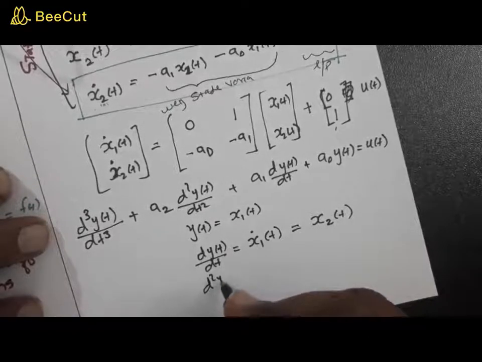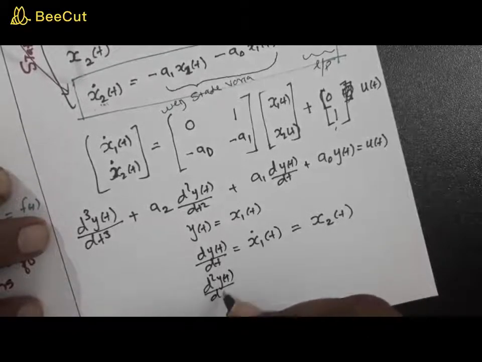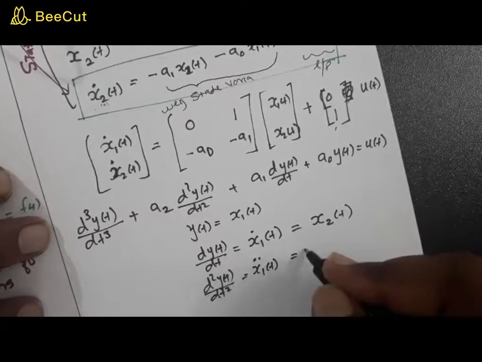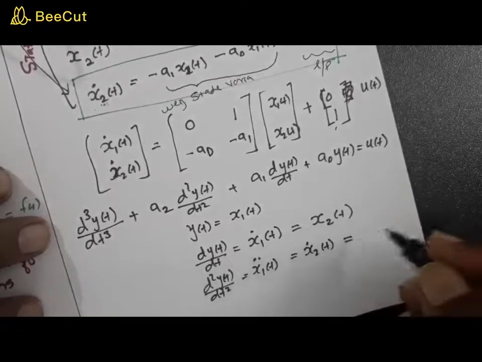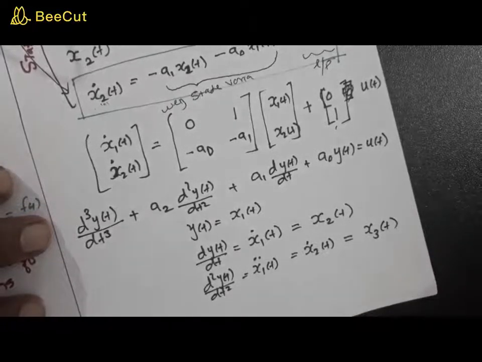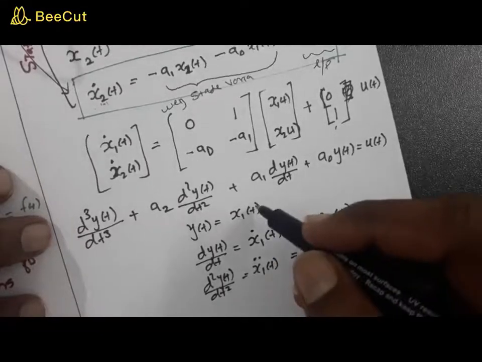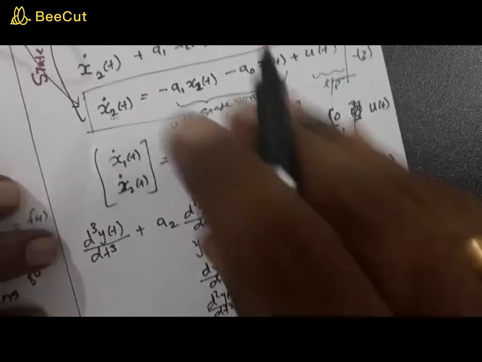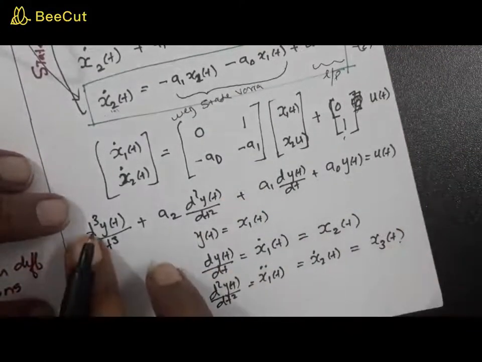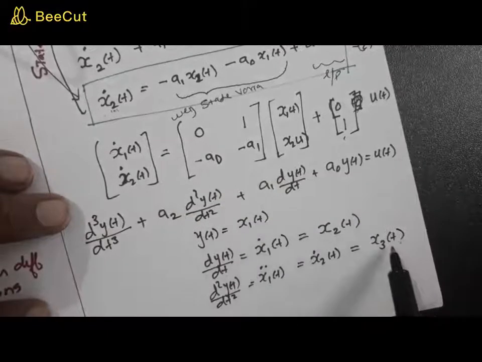And you can have d square y of t by dt square, which is x1 double dot, or x2 single dot, and that you can assign to be another state variable x3 of t. So when it reaches the third state variable, you have altogether three variables, and we have already seen that there is a correlation between the number of state variables and the order. So it has reached the maximum limit.